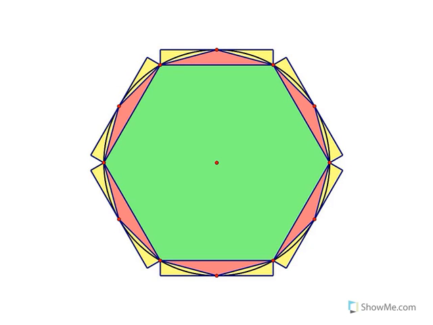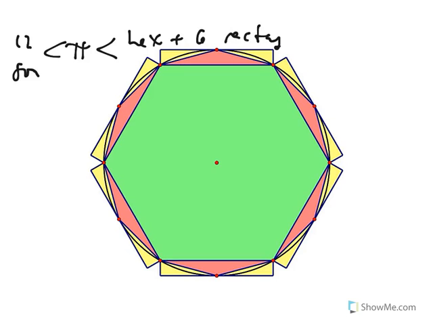And this picture shows the clever idea. So we have that pi is bigger than the 12-gon and less than the hexagon plus the 6 rectangles. But I've split those rectangles up, each one into 3 triangles.